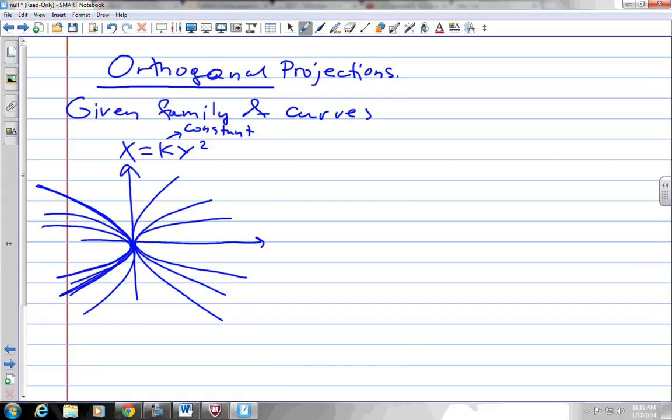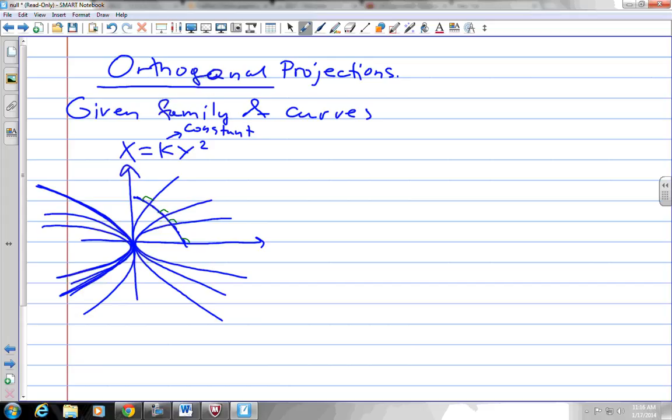So what I'm looking at is another family of curves where each curve is orthogonal to each one of those parabolas, or perpendicular in that sense. That means if I have a curve that crosses this parabola, it forms 90-degree angles where it crosses.